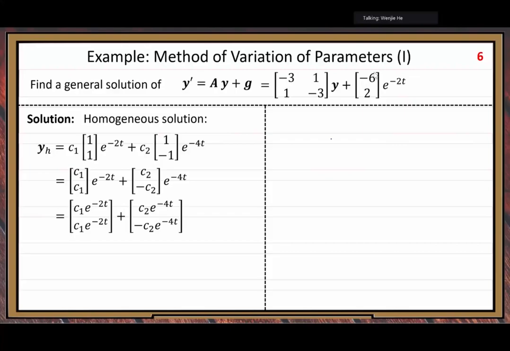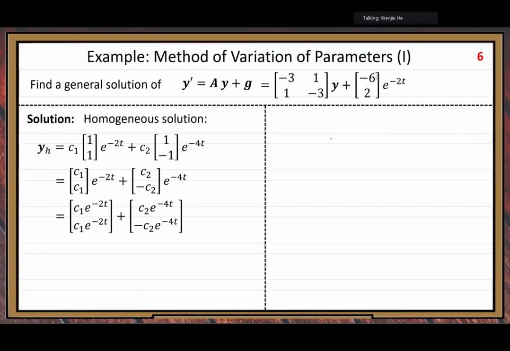If you can still remember a little of the details of that variation method. Here I want to just remind you a little bit.